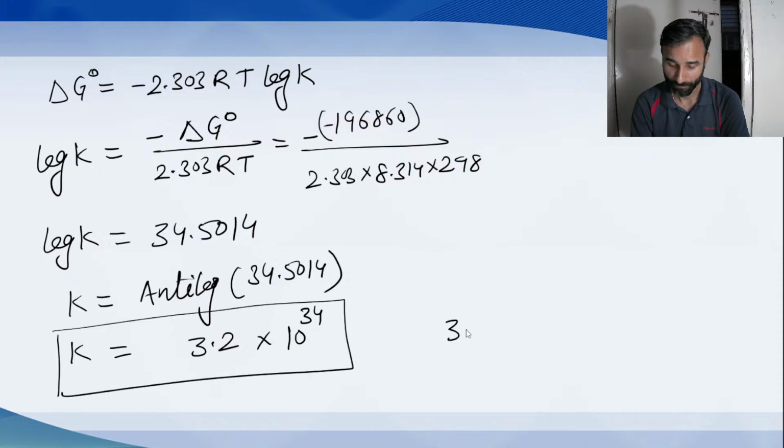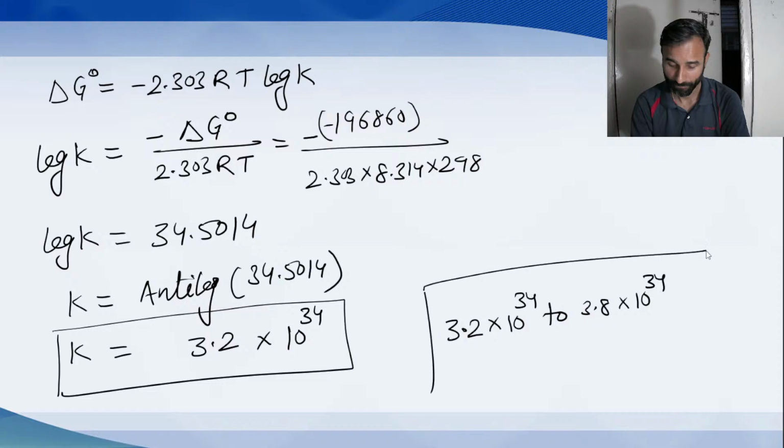The result is between 3.2 into 10 raised to power 34 and 3.8 into 10 raised to power 34. Any answer in between is the correct answer. Any answer between these two terms is the correct answer. Okay.